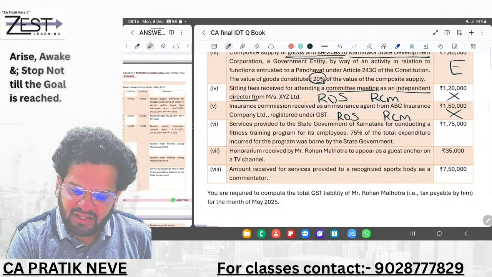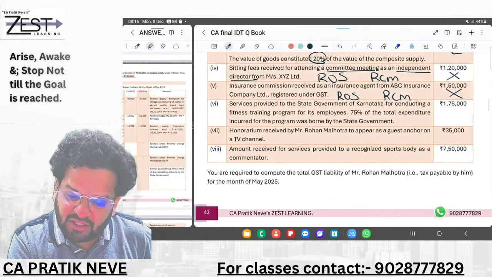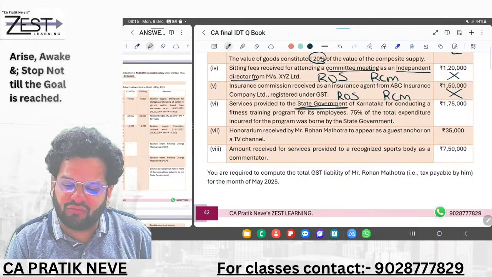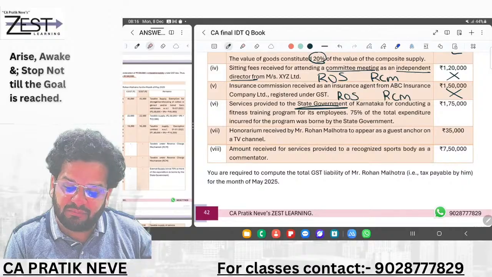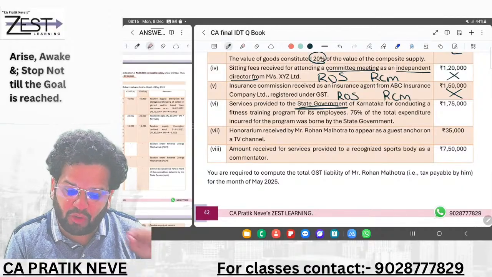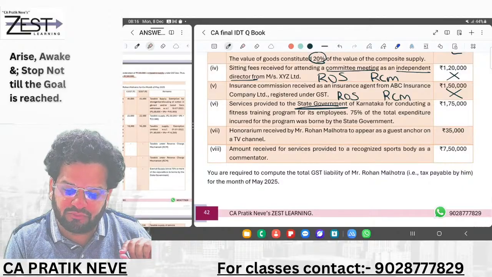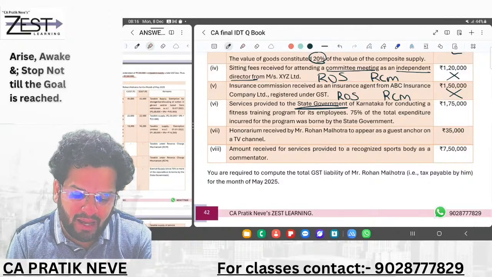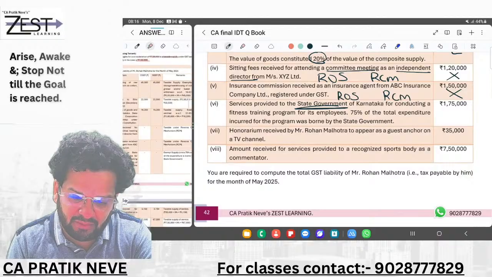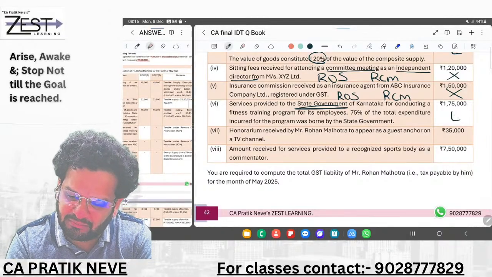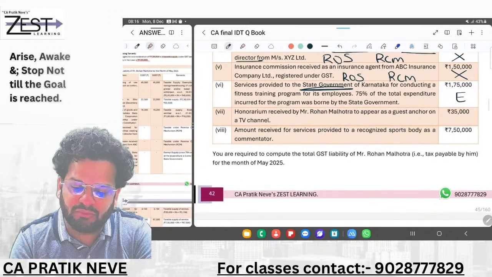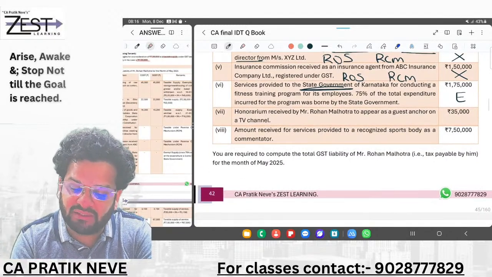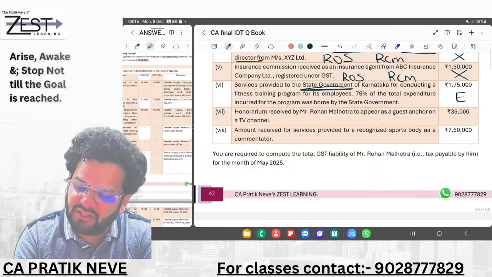Next, services provided to the state government of Karnataka for conducting a fitness training program for its employees, where 75% of the total expenditure incurred for the program was borne by the state government. So this is exempt. Honorarium received by Rohan Malhotra to appear as guest anchor on a TV channel.